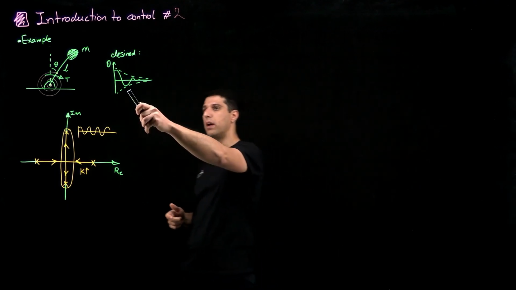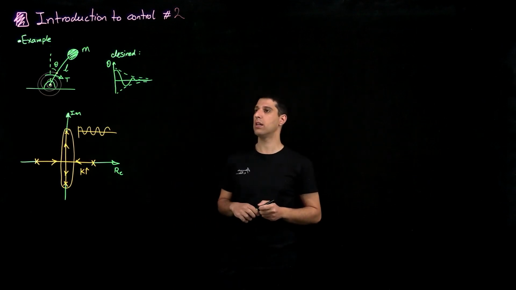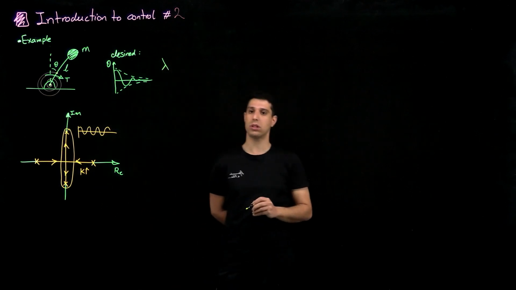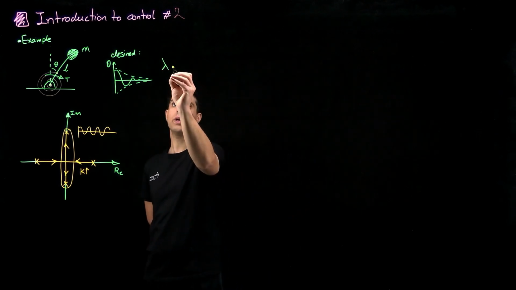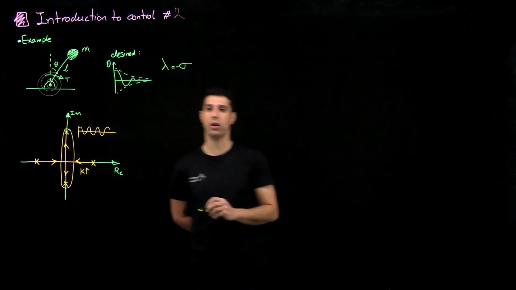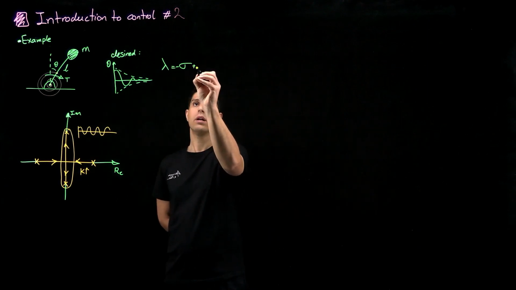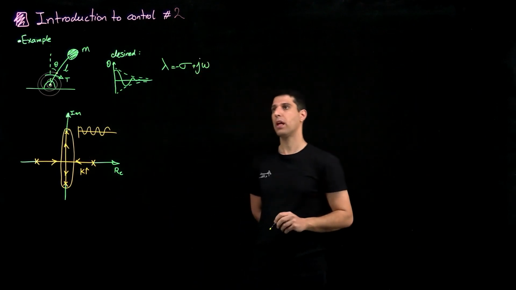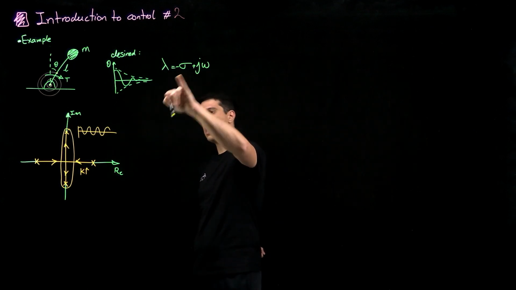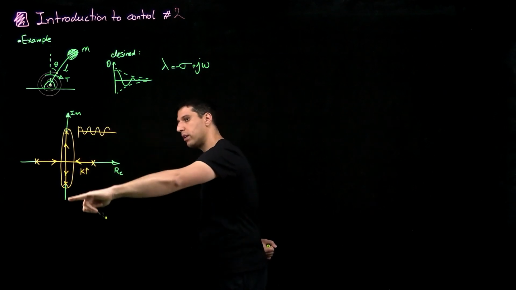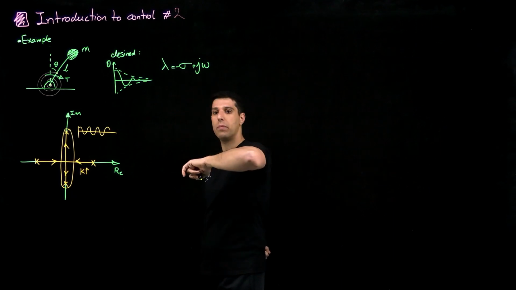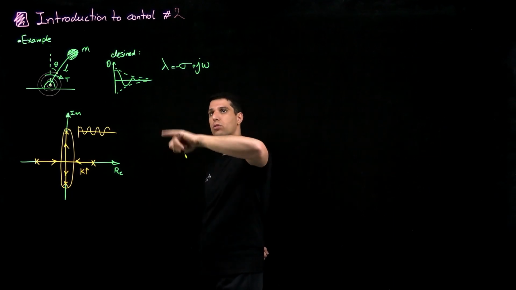And I want to realize that behavior through feedback control. So if you remember, this damped oscillation means that the eigenvalues of the system have to have a negative real part, sigma, plus some j omega. So in the previous example, this sigma was 0, and my poles or eigenvalues were on the imaginary axis, and I only had oscillation without any decrease or increase in magnitude.